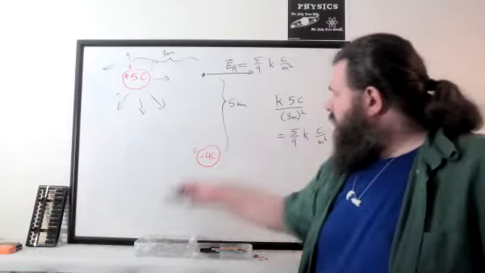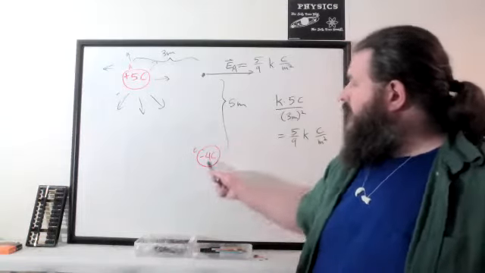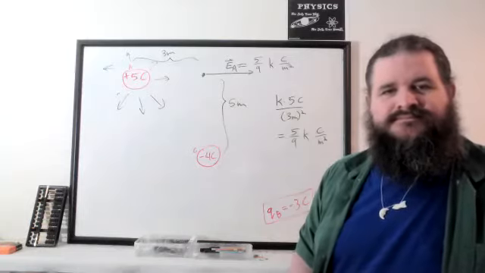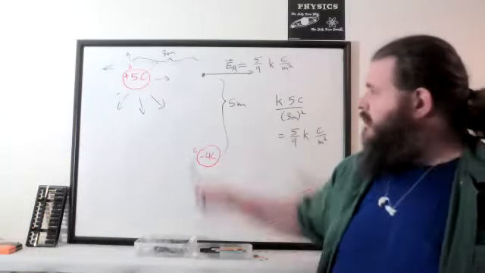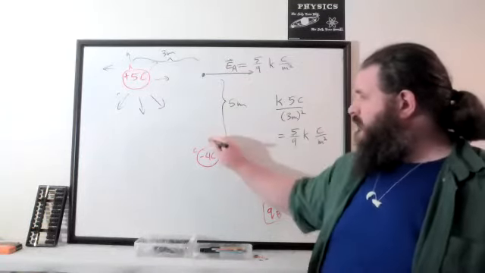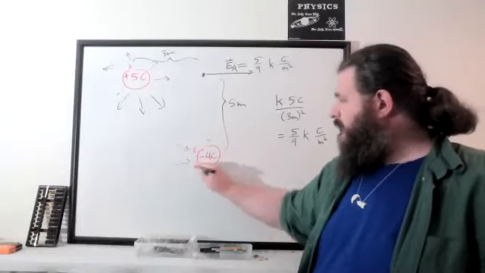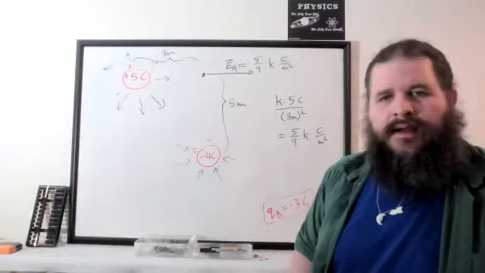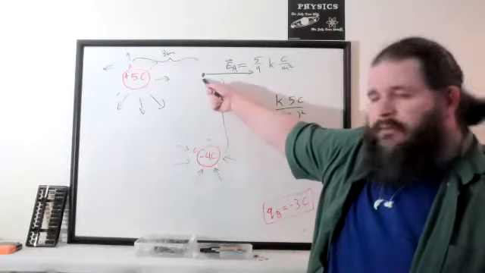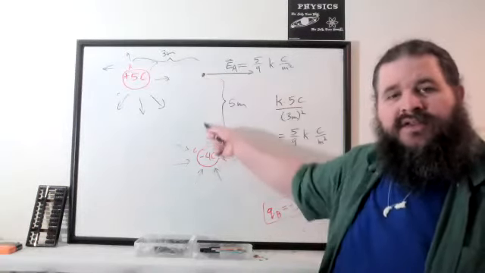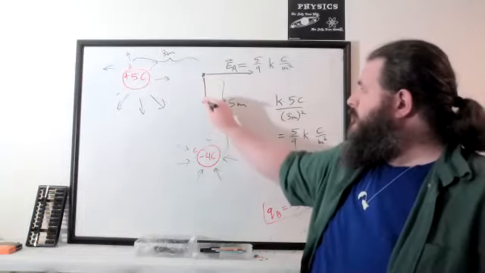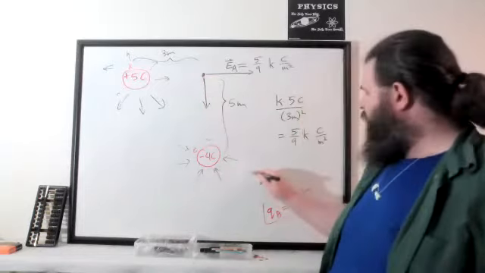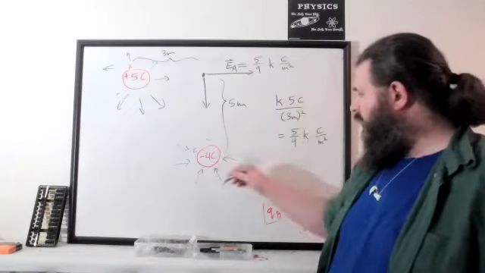What about for C? C is going to cause electric field in which direction? Yeah, should be downwards. A negative source charge creates electric field pointing inwards towards itself. So that means that at this location, we would expect an electric field towards C, which means downwards. And that should be, again, K times charge.